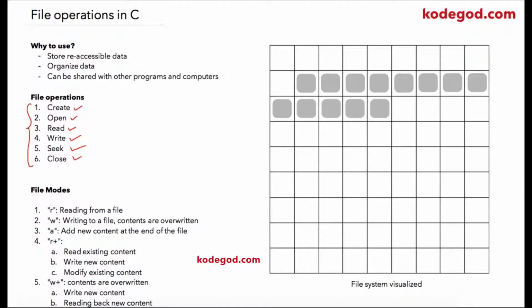Now let us try to visualize the file system, assuming these squares are nothing but memory locations. So this could be a starting point of my file, and these are data written into those files. All files have a special pointer at the end, that is EOF, end of file. It is the special pointer using which we can identify that the file has ended over here.